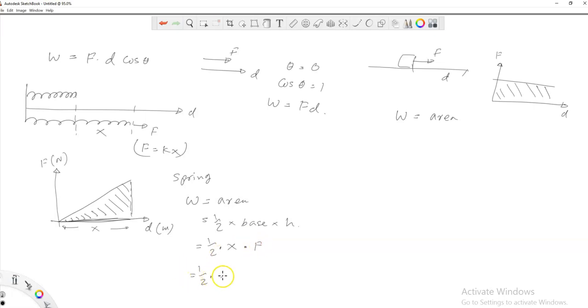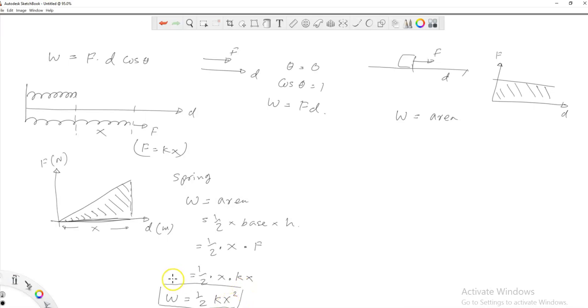Half times x times force, which can be given as kx if you know the spring constant. So we have half kx squared, work done by stretching the spring.